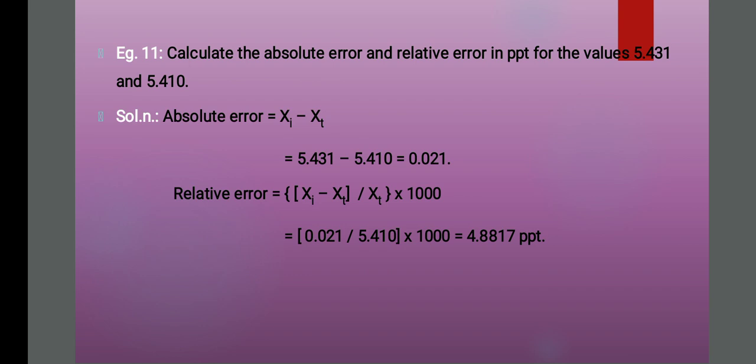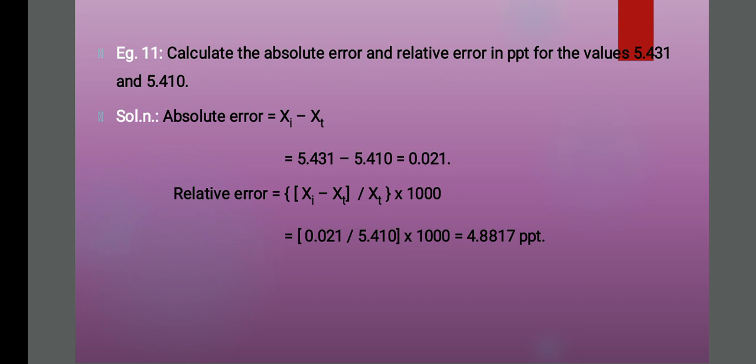The question is, calculate the absolute error and the relative error in PPT. I have said already, for the final answer you have to multiply by 1000. That is PPT. For the values, two things are given. One is 5.431 and another one is 5.410.